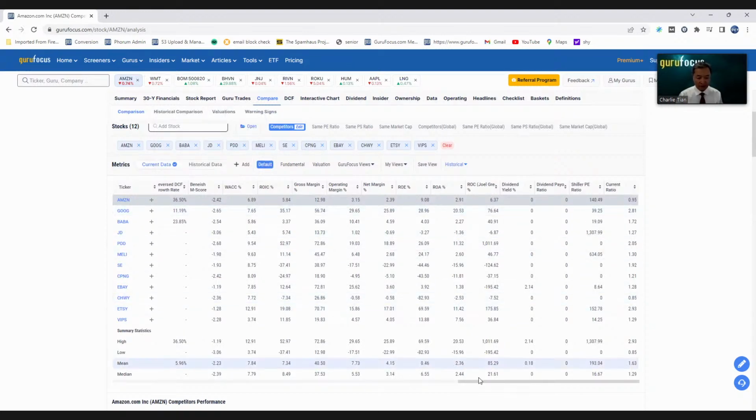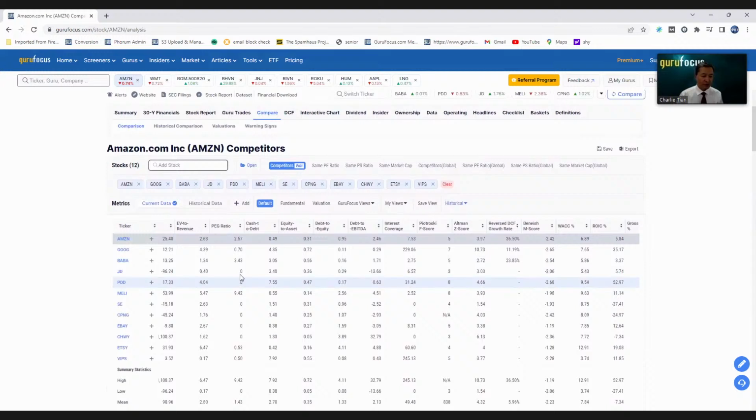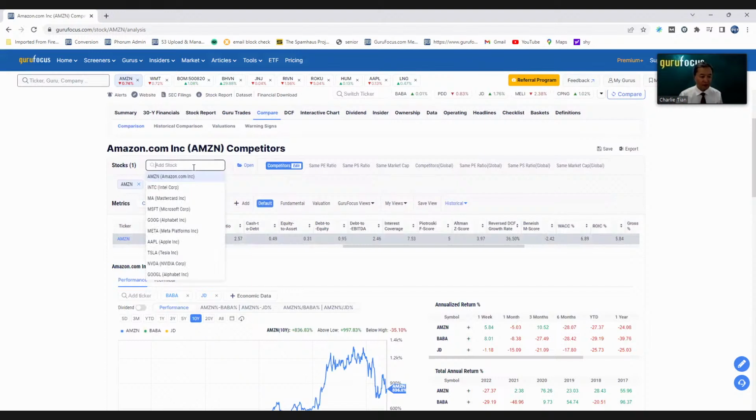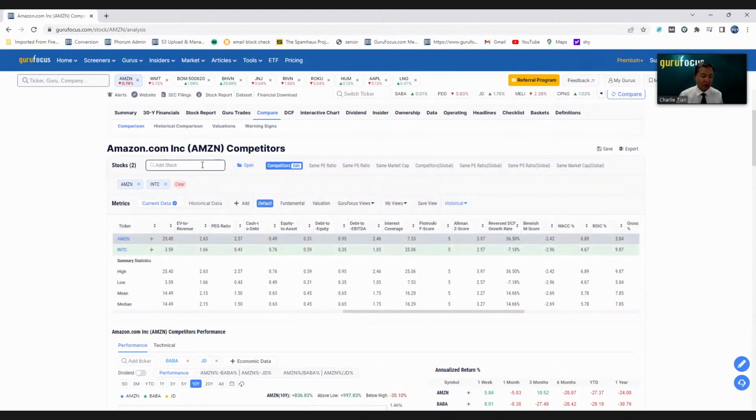It's now here. And of course, you can always change the companies. If you don't want these companies, you can clear all of them. Then you add your own by searching here, or compare with any companies you have in mind. So this is the compare feature we have improved.